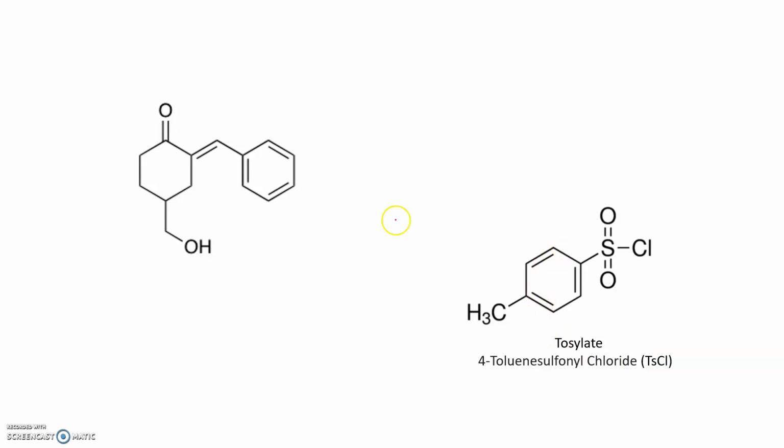What is important here is that this alcohol has 2 lone pairs, and this will be our acting nucleophile. And this sulfur right here will be our electrophile. We can get started with the next slide, showing the arrow mechanism.